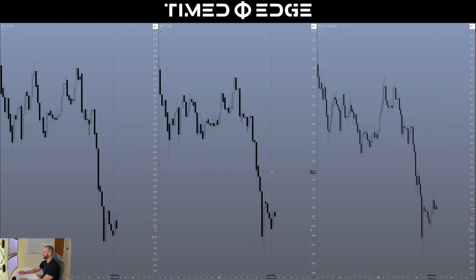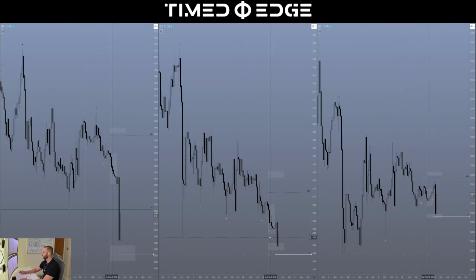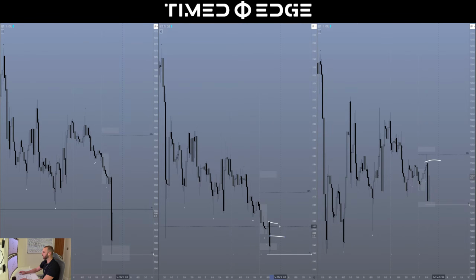It's not what I want to do unless we get a change in state of delivery, right? And that means that two of these bars would have to close up here. And then we could look at the 50% of the candle model in there. But I don't know, we've still got 20 minutes.